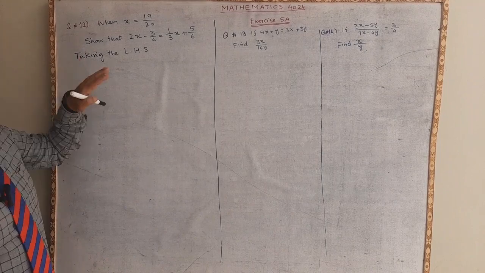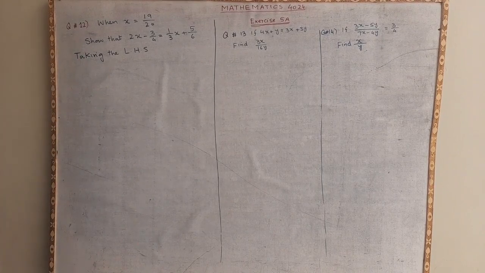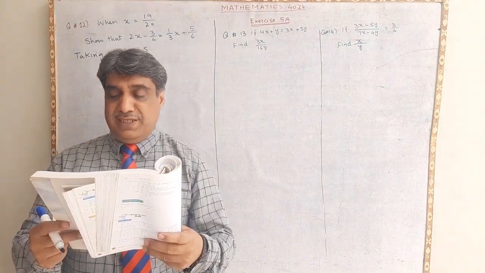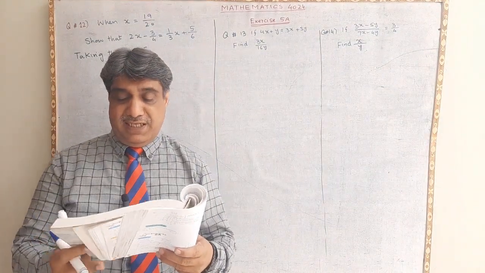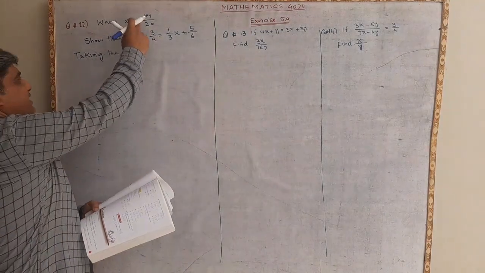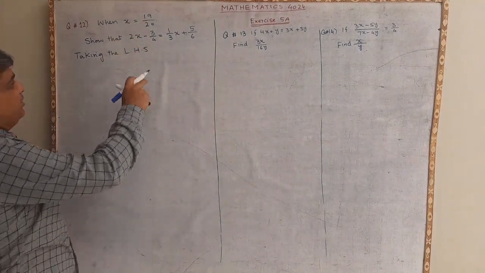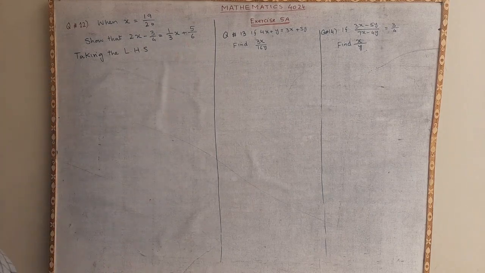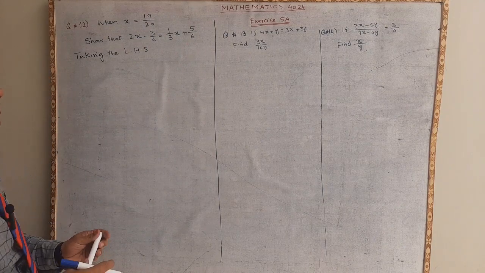The question is saying that by showing your working clearly, verify if x is equal to 19 divided by 20. Show that this left hand side is equal to right hand side for these values.